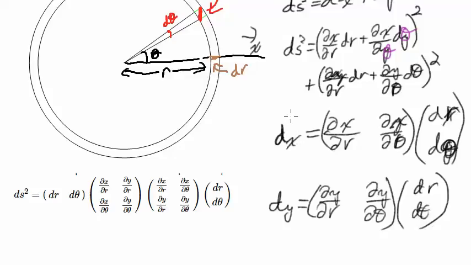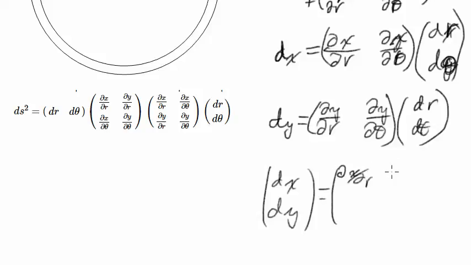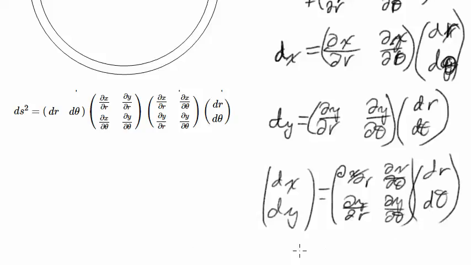And if we wanted to make that dx dy as a vector, then we could write dx dy equals this whole thing, del x/del r, del x/del theta, del y/del r and del y/del theta times dr d theta.